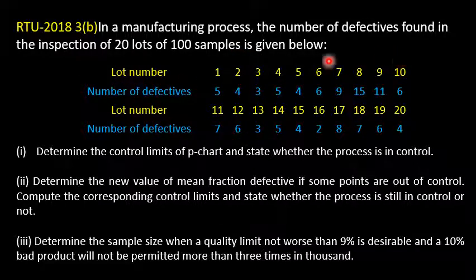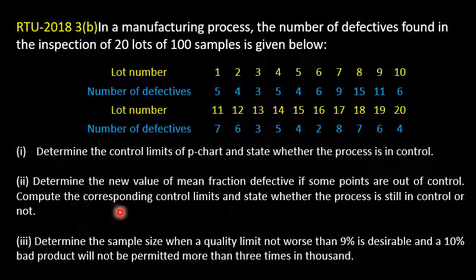In yellow color you can see the total 20 lots, and in blue color you can see the number of defectives. First, we have to determine the control limits of the P chart and state whether the process is in control.